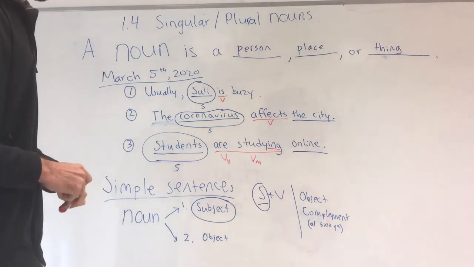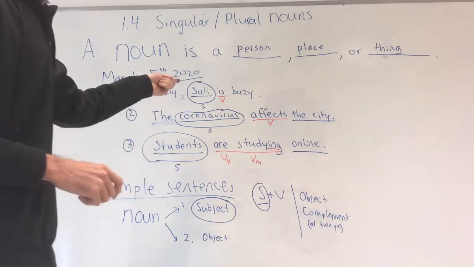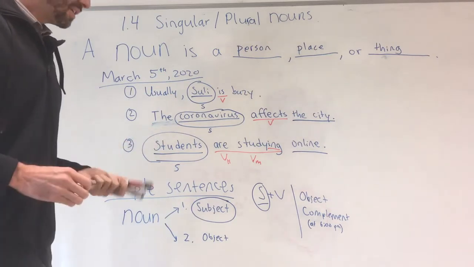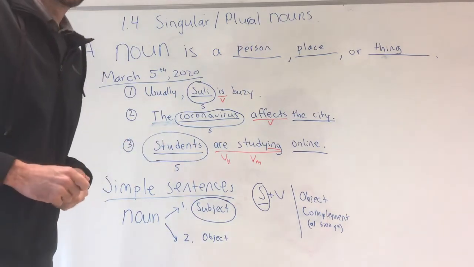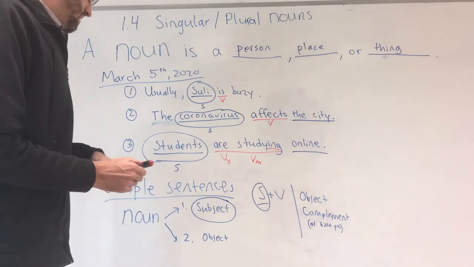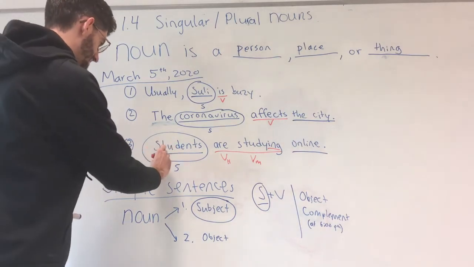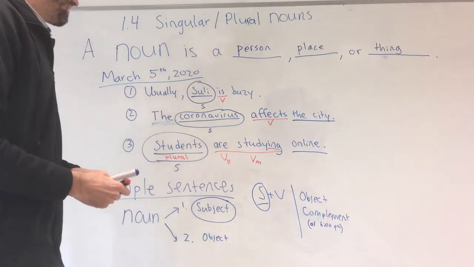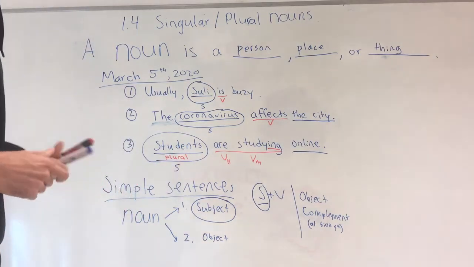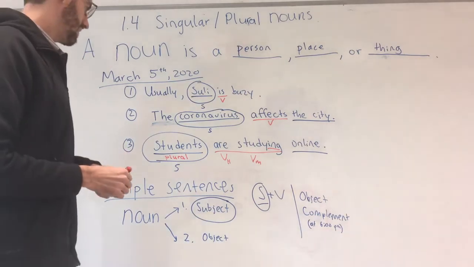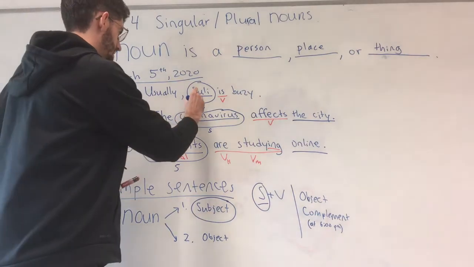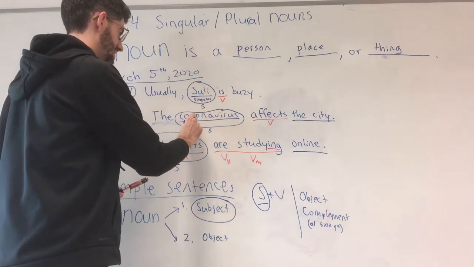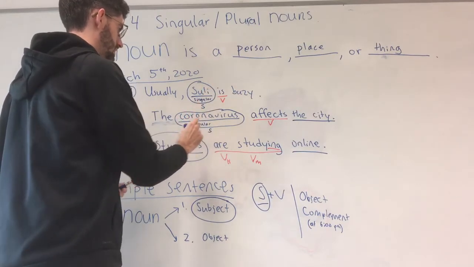So, which of these three subjects, Suli, coronavirus, students, which one is plural? That's right, students is plural, right? All right. And which of these are singular? Okay, Suli is singular. And coronavirus is singular.